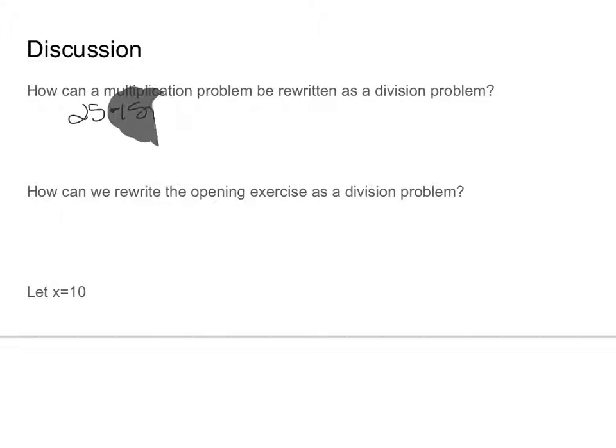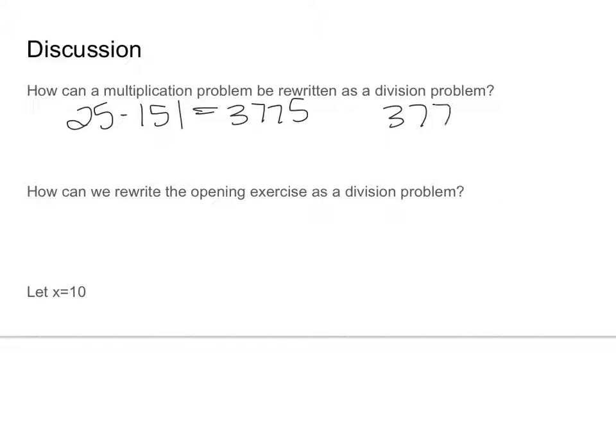That's not an eraser. Let's try that again. I'm going to use the sort of fun problem we did. And to rewrite that as division, I would just do 3775 over, let's pick 25 equals 151. We all know how to do that though. But let's do the opening exercise.